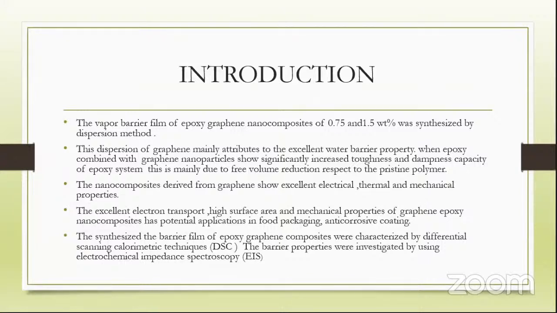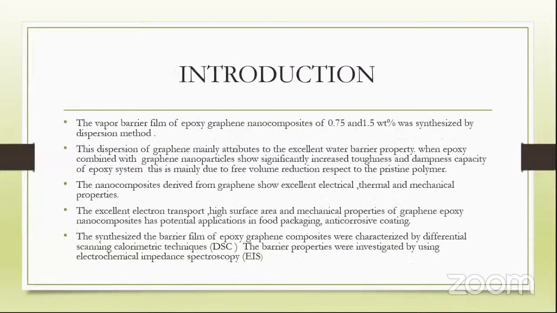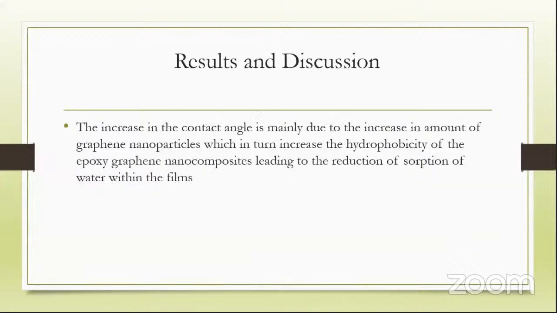After the dispersion method, the synthesized films were characterized by differential calorimetric techniques, and the barrier properties were investigated using EIS, that is electrochemical impedance spectroscopic method. In the results and discussion section, I have measured first the water contact angle for different epoxy graphene nanocomposites.